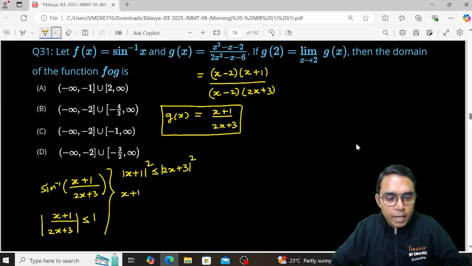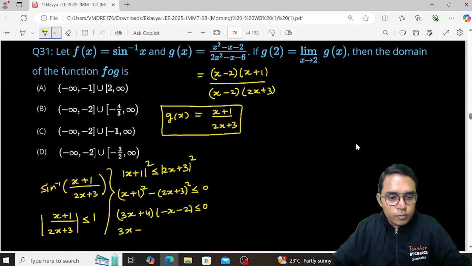So we are getting (x plus 1) square, because mod of square is directly square also. And we can bring this (2x plus 3) square this side and less than or equal to 0. A square minus b square, if you apply, this becomes (3x plus 4) into (minus x minus 2) less than or equal to 0. So this becomes (3x plus 4) into (x plus 2) to be greater than or equal to 0.